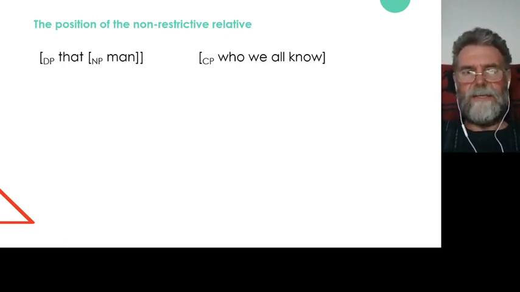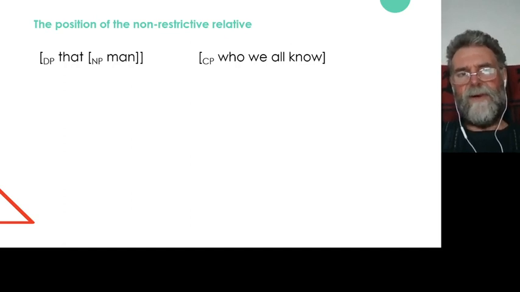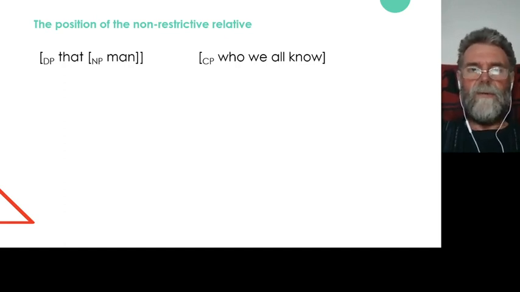And then the question is, if this is a modifier, and modifiers, as we know, are adjuncts to the phrases that they modify, well, what does the clause modify? What does it adjoin to? There's two options then.